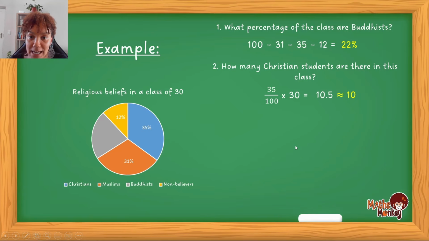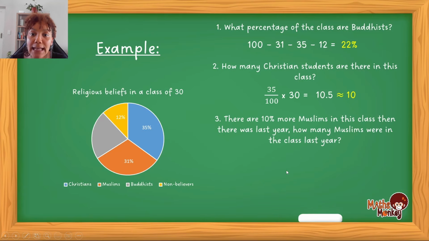Okay, next one. There are 10% more Muslims in this class than there was last year. How many Muslims were in the class last year? Let's quickly break this question down. There were 10% more Muslims in this class than in the last class, so you know that the last class had 10% less.